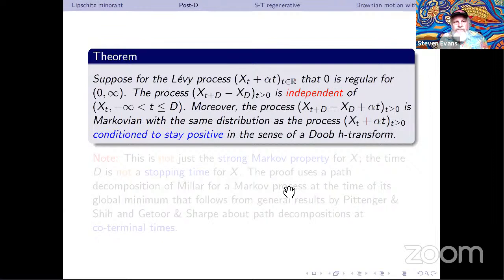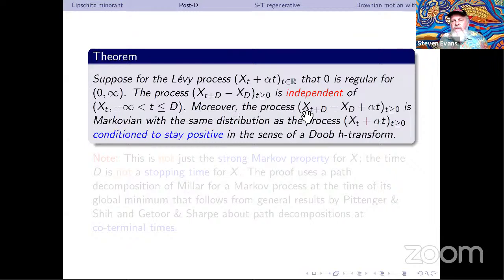And so it's a theorem that if X_t plus alpha t is such that 0 is regular for (0, ∞), then if we look to the right of the first point in the contact set after 0, that process is independent of the Lévy process up to that time.